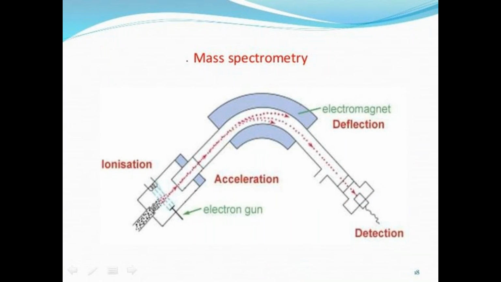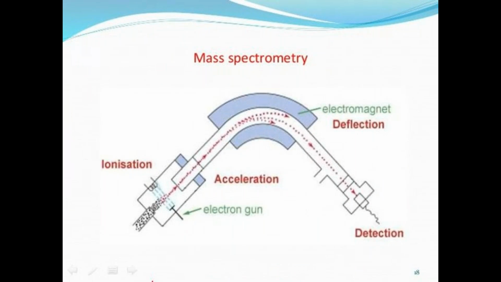Actually, what ionization means here is that mainly an electron gun is used for breaking these amino acids into different ions. That ionization process occurs in mass spectrometry for the determination of amino acids.